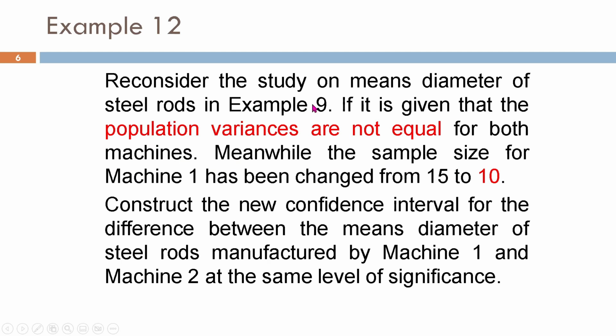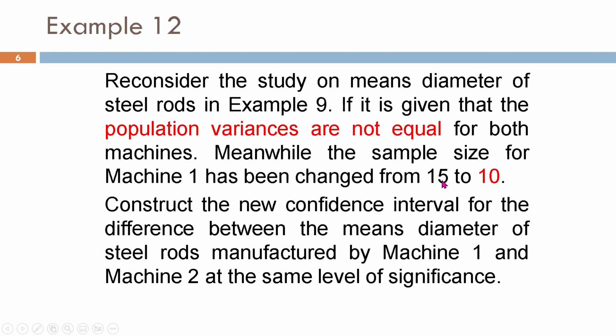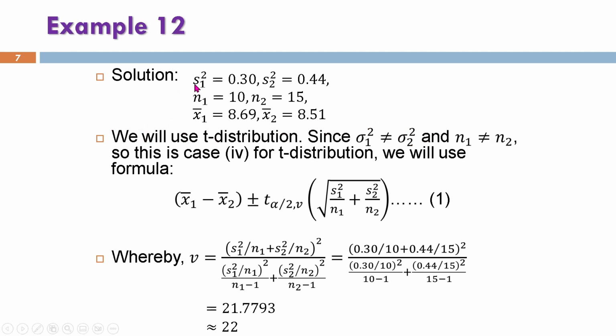Reconsider example 9. Population variance are not equal. Sample size for 1 change from 15 to 10. This is the fourth case of the t distribution table here.